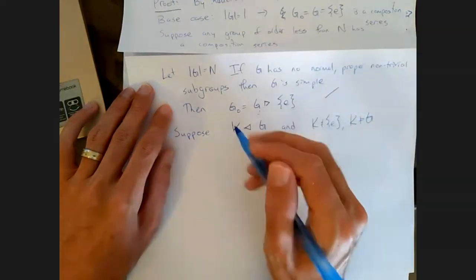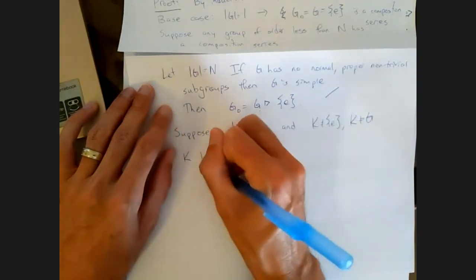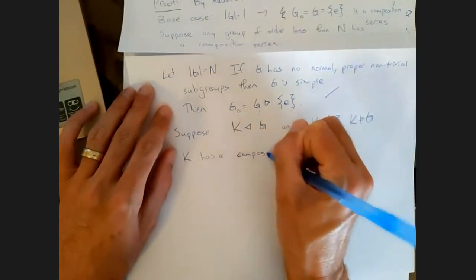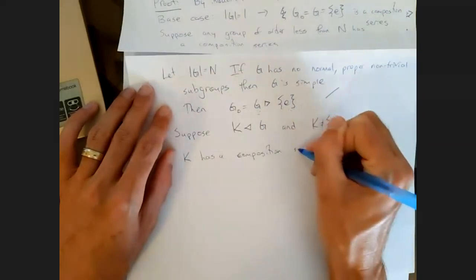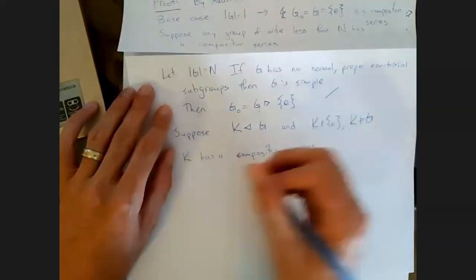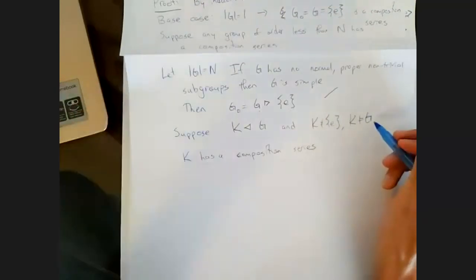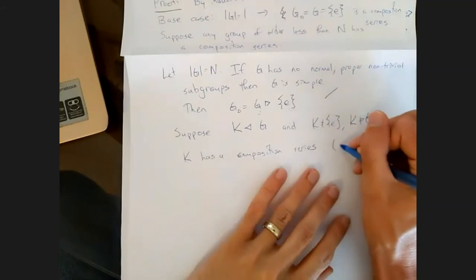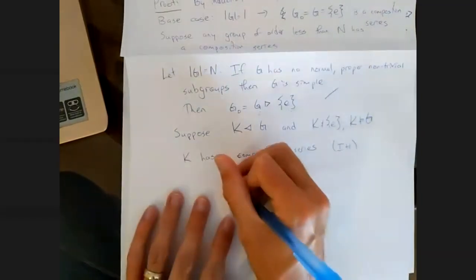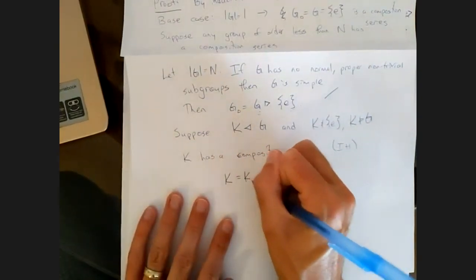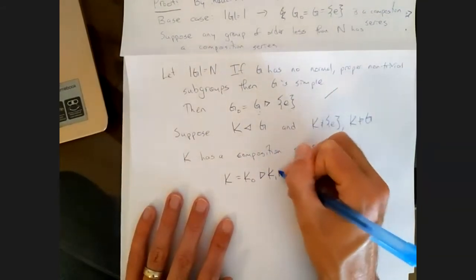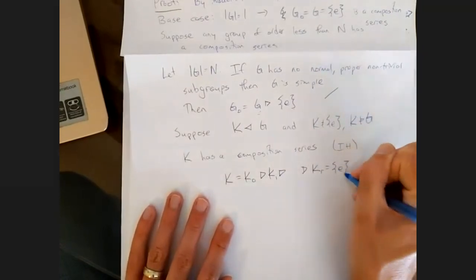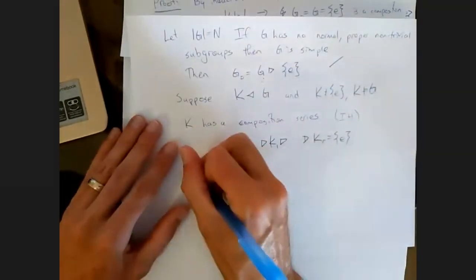Now K has a composition series, because K is not equal to G, so its order is less than G, so it has a composition series by the induction hypothesis. So we can say K equals K0, K1, all the way down to KR, which is trivial.